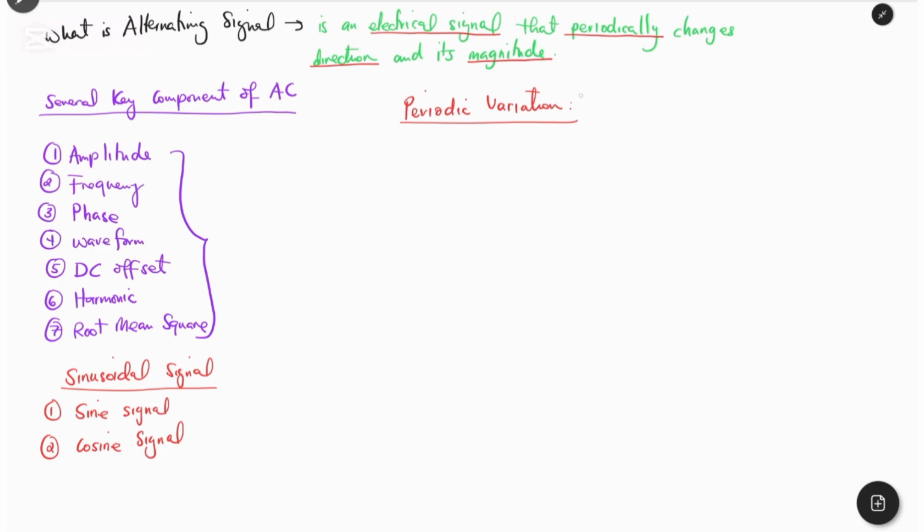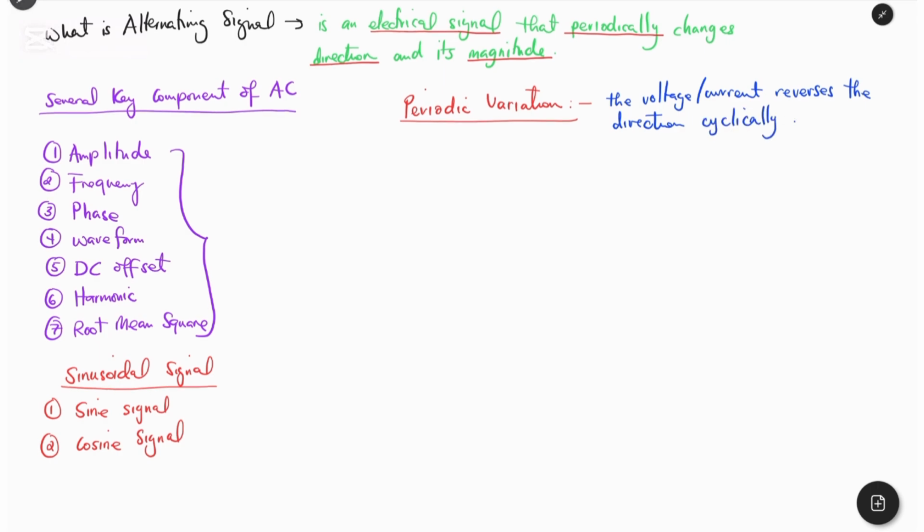That means in a periodic variation, it is now describing the voltage or the current, they reverse the direction cyclically.